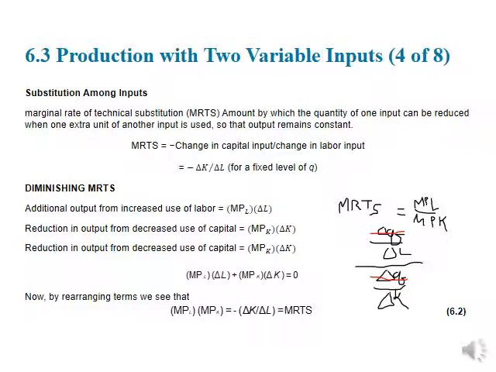So we have 1 over delta L over 1 over delta K, or delta K over delta L, which is our MRTS term up here.